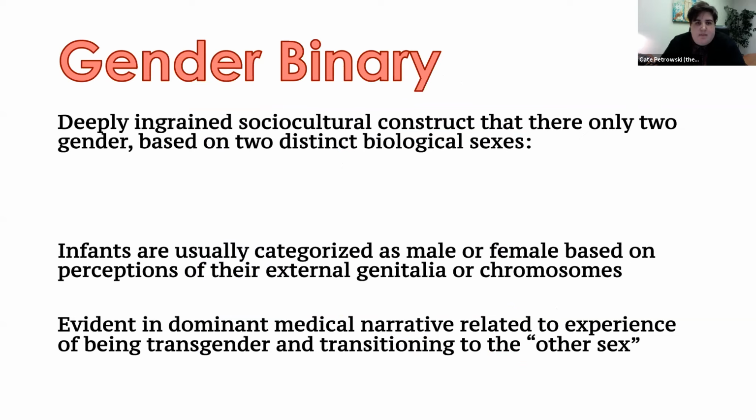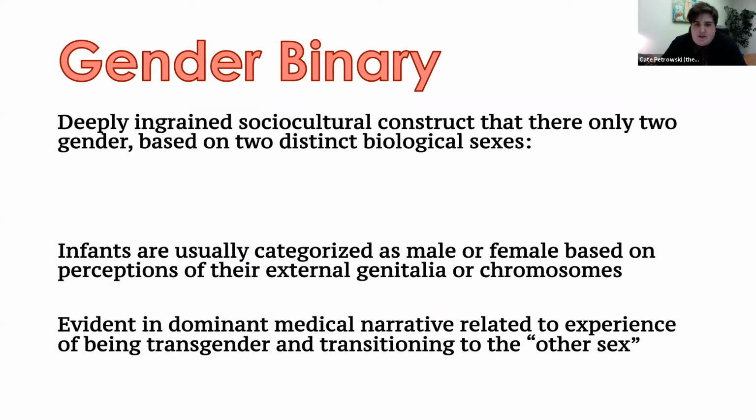So I also want to talk about the gender binary. This is a very deeply ingrained construct that there are only two genders, and those are based on the two distinct biological sexes that we tend to identify.